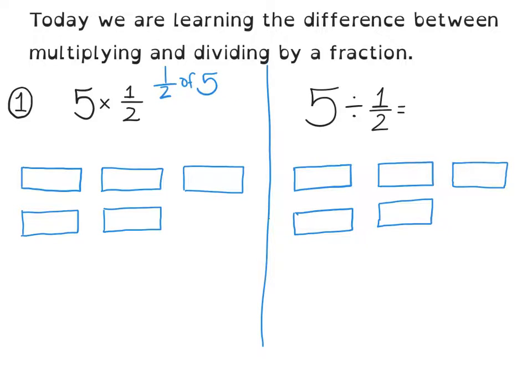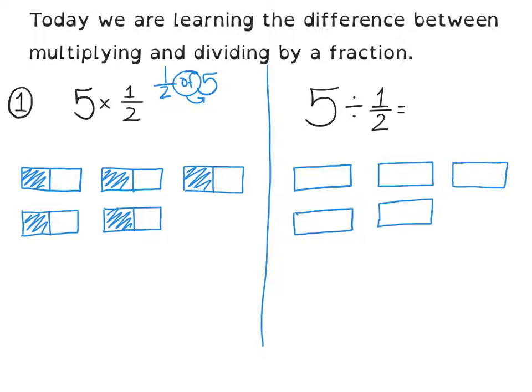So I'm going to split each of the wholes in half. And I'm going to then say 1/2 of each of the 5 wholes. 1, 2, 3, 4, 5. There are my 5 there.